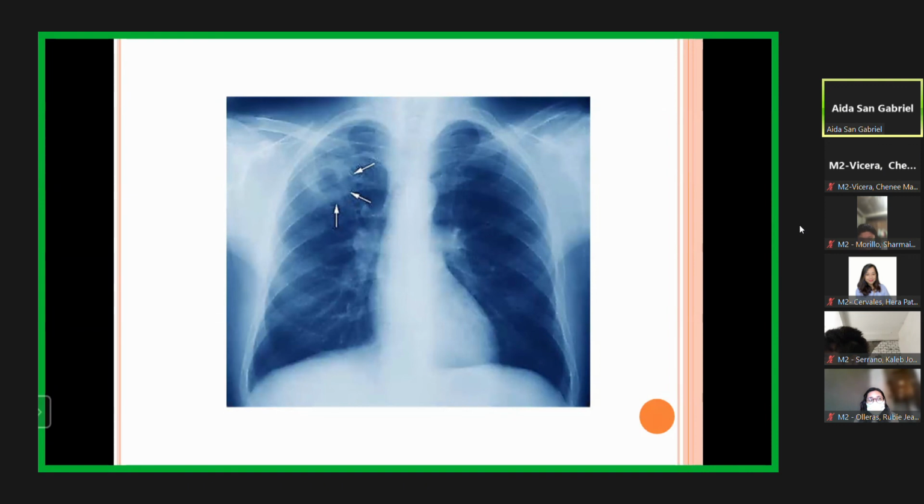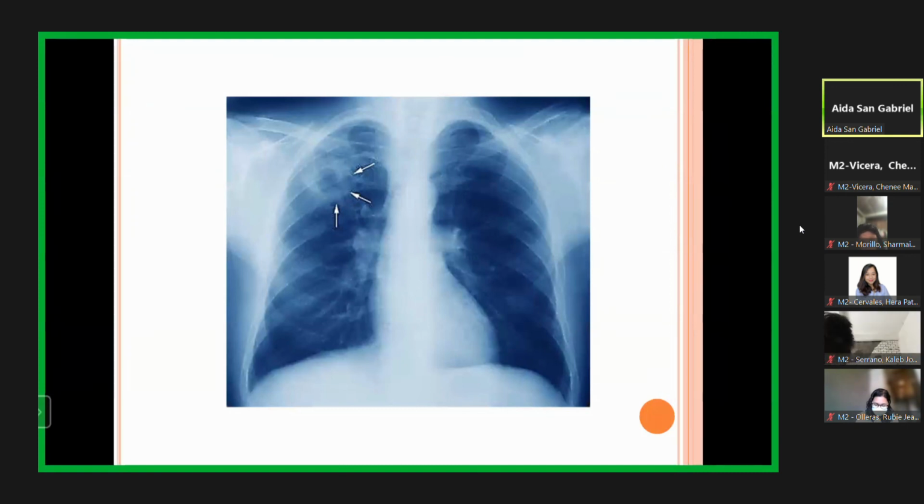If you go into recording of your findings of the chest, you start with inspection, palpation, percussion, and auscultation. What are the normal findings?